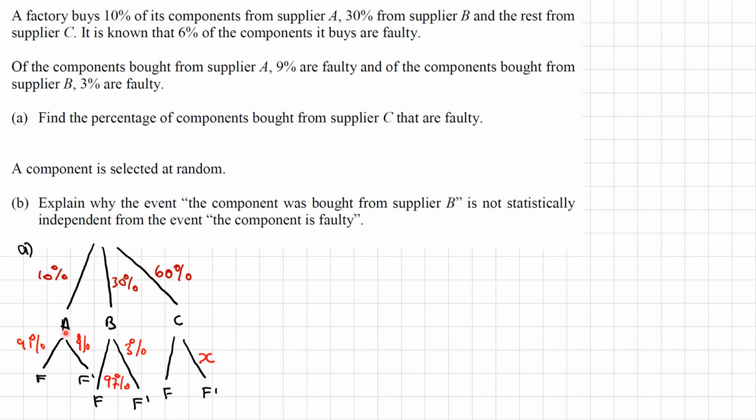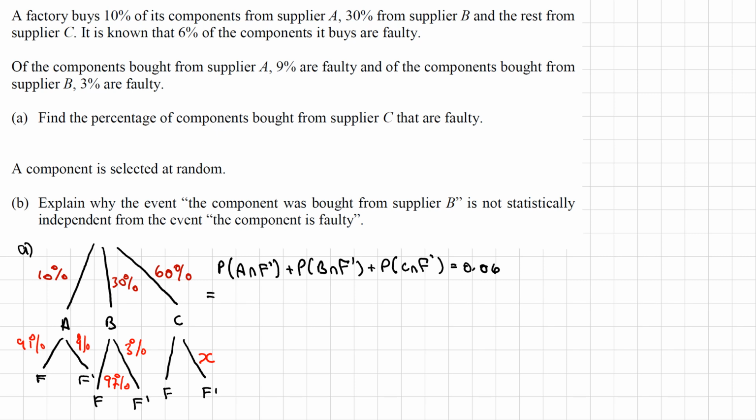Now, what I know is that in total, the percentage of faulty components from all of the suppliers is 6%, and I can use that to work out what X is. So the probability that it's from supplier A and faulty, plus the probability that it's from supplier B and faulty, plus the probability that it's from supplier C and faulty, is equal to this 6%, 0.06. So let's work out what these probabilities are.